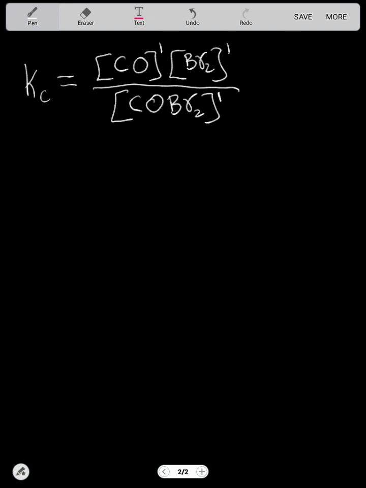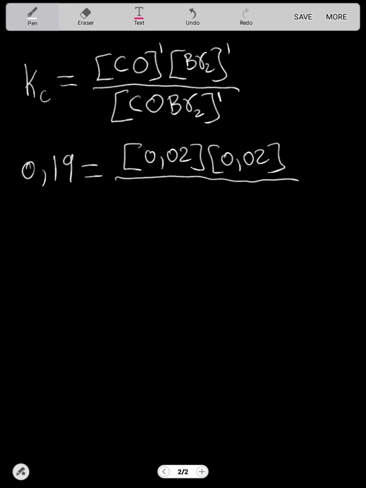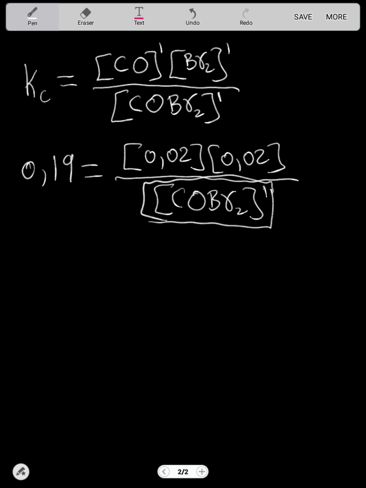Then we can substitute from here. We know the Kc, it was given as 0.19, equals, what is this concentration? It is 0.02 multiplied by 0.02 all over the concentration of COBr2 to the exponent 1. They are looking for the concentration at equilibrium. Basically, they are looking for this. So we need to make this the subject of the formula.